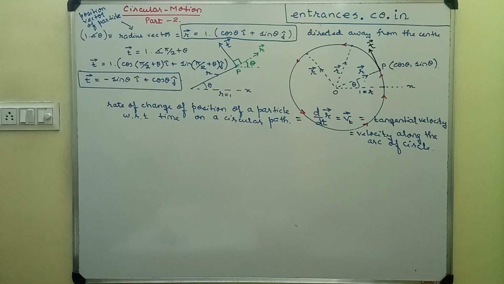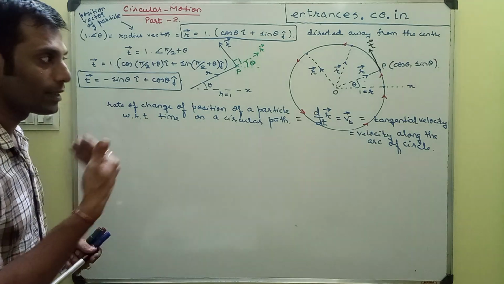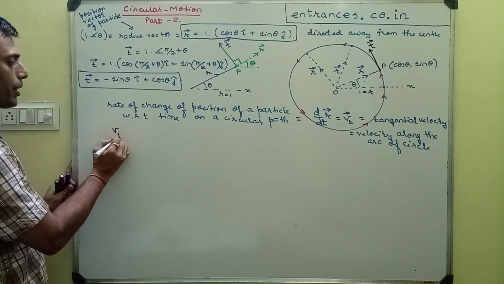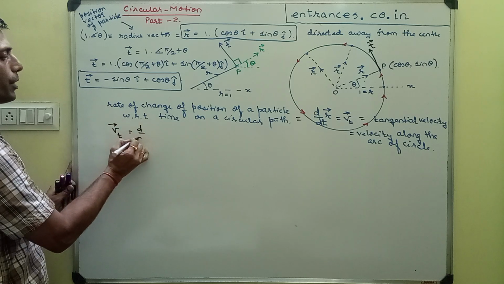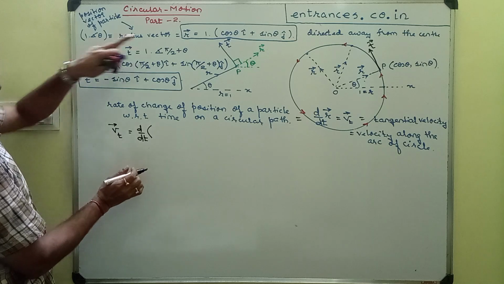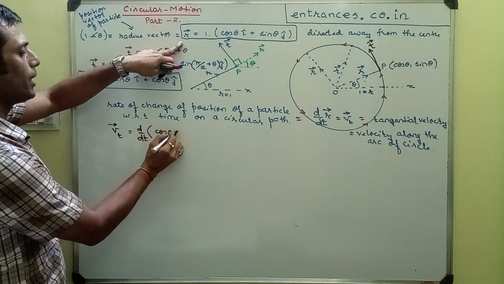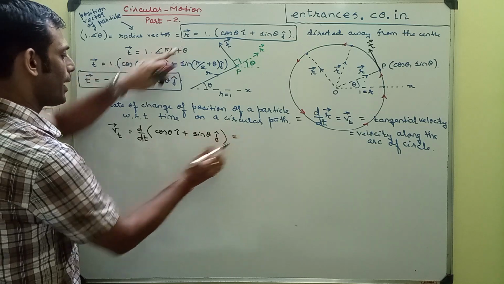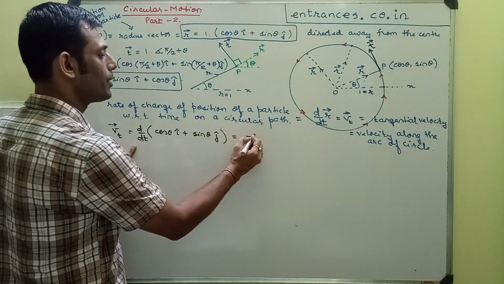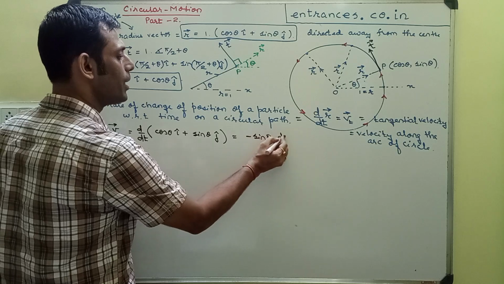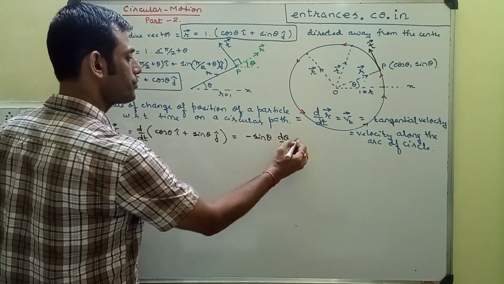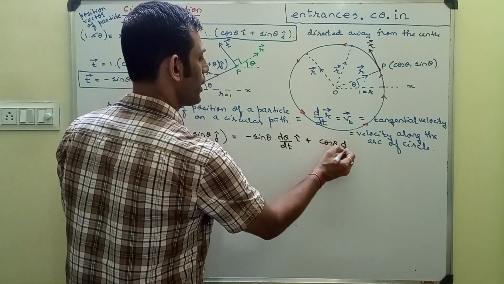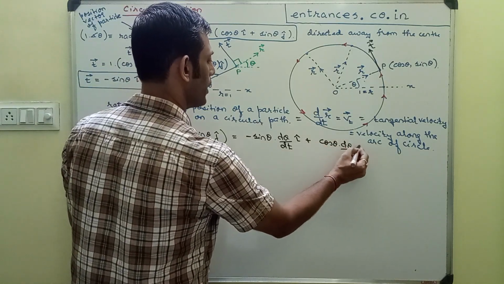Now once we define the tangential velocity, we can also define the tangential acceleration. So let's first calculate Vt as equal to d/dt of r vector, that is cos theta i cap plus sin theta j cap, and that makes d/dt of cos theta, that is minus sin theta into d theta by dt i cap, and d/dt of sin theta means cos theta into d theta by dt j cap.